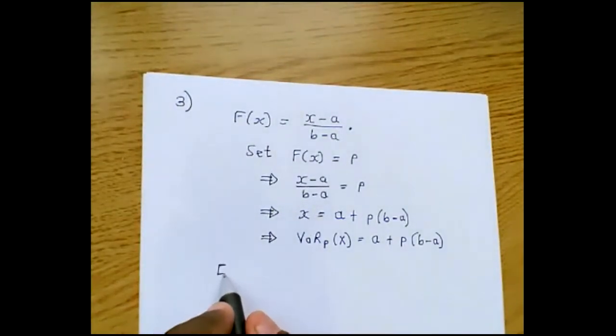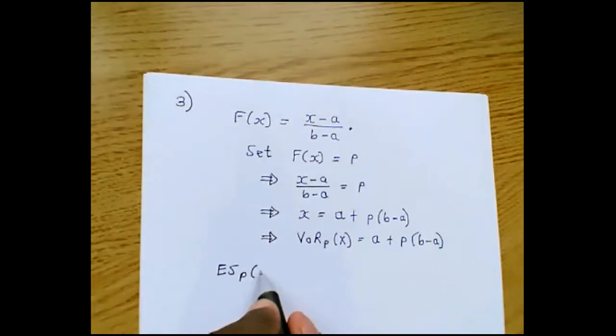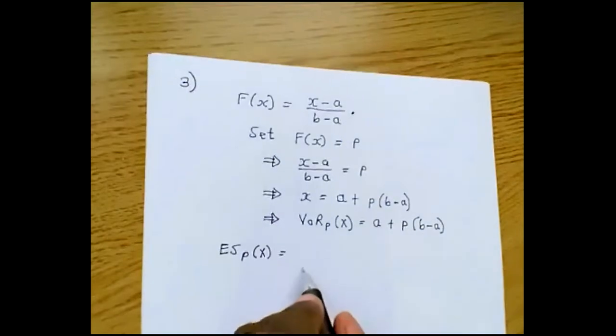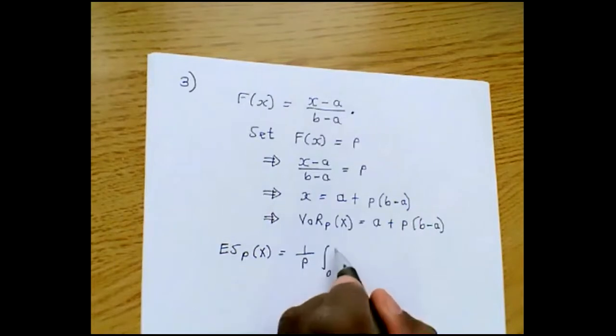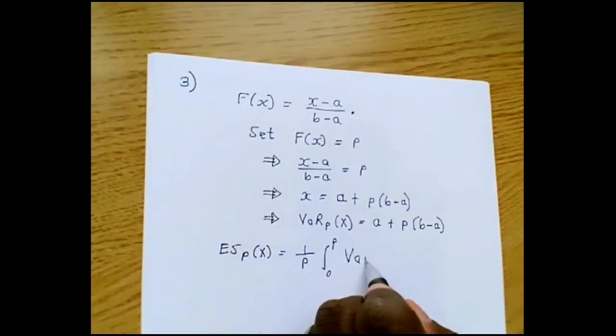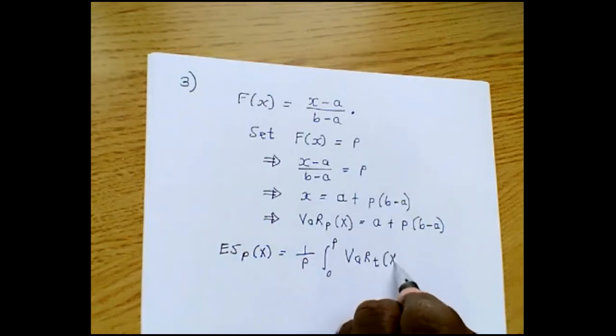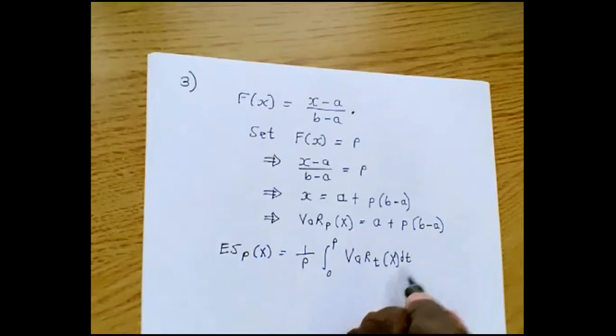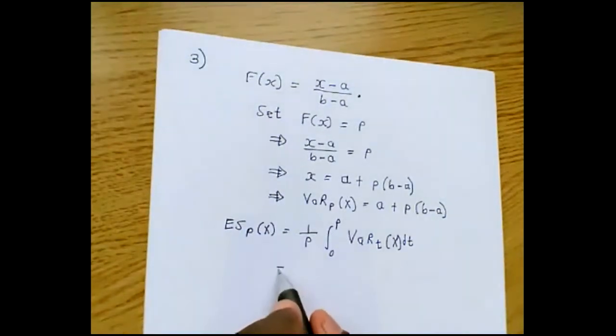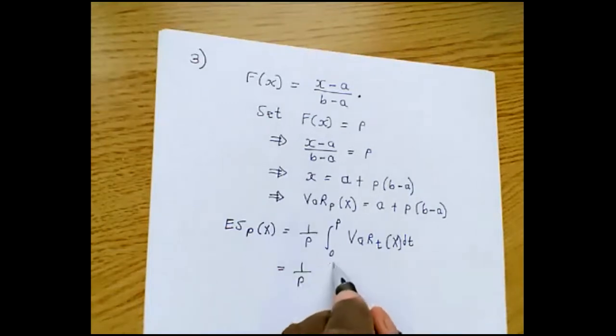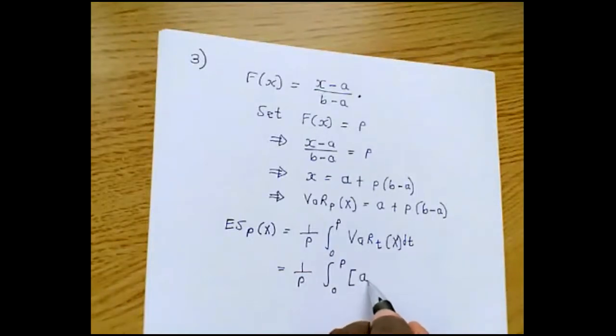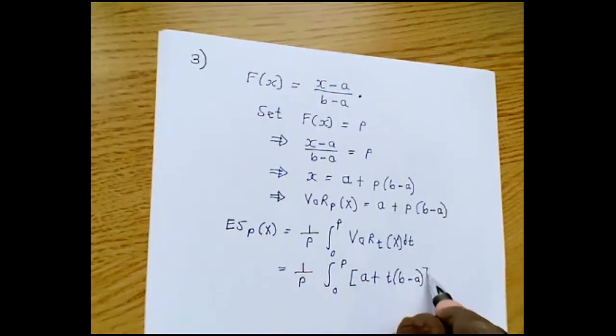The expression for expected shortfall is this. So this is 1 over p times the integral.